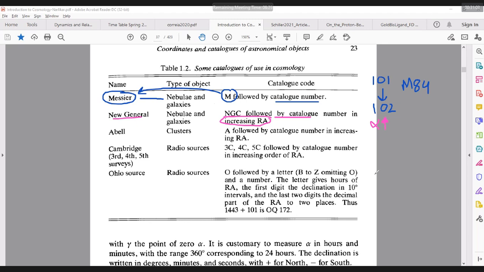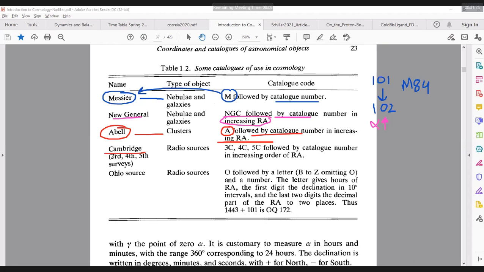So in other words, it's just a list of the objects and to name the objects. What about Abell? It is dedicated for clusters, A followed by the right ascension.